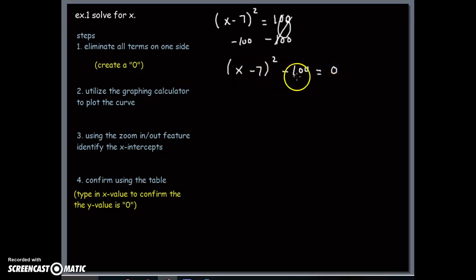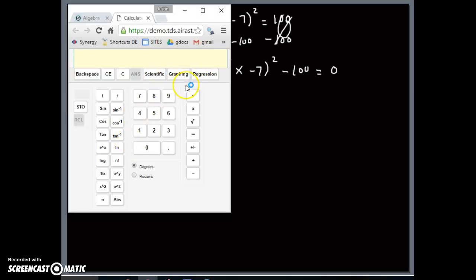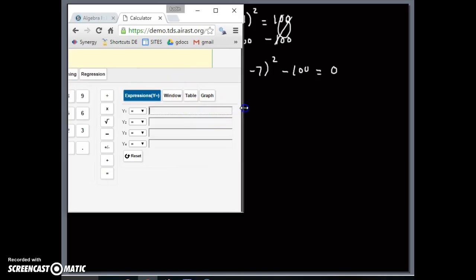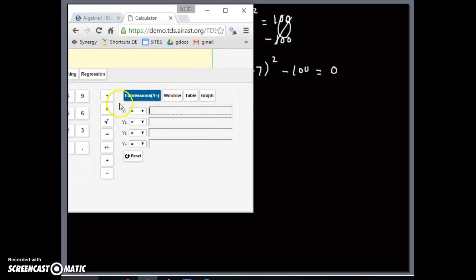So now we have the equation with 0 on one side. Our second step is to use the graphing calculator to plot the equation. So I'm going to pull up the graphing calculator right now, and here we have it. We're going to go to graphing, and you can see here we've got our graphing options. We've got this y right here, which represents our 0.